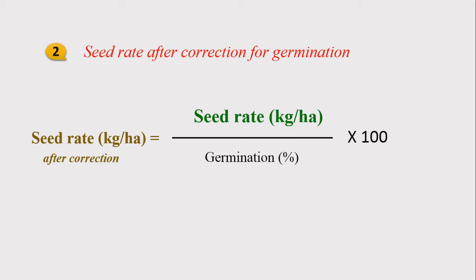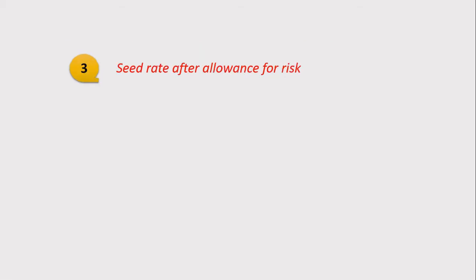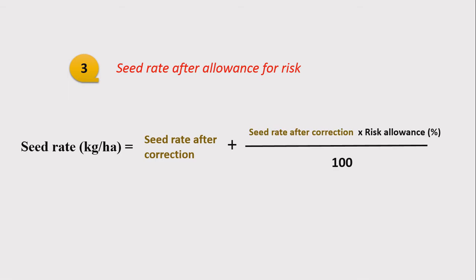And if the problem also mentions the risk factor, then we need to go for the third step. Here seed rate after allowance for risk is the seed rate after correction, calculated in the second step, plus seed rate after correction into risk allowance divided by 100. Here the risk allowance should also be in percentage for easy calculation. So these are the formulas at each stage for the calculation of the seed rate.